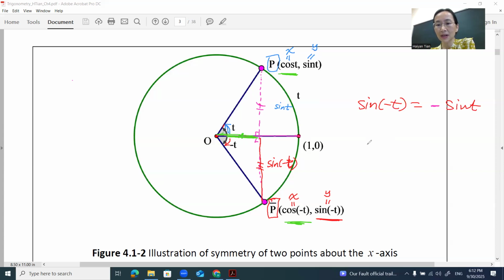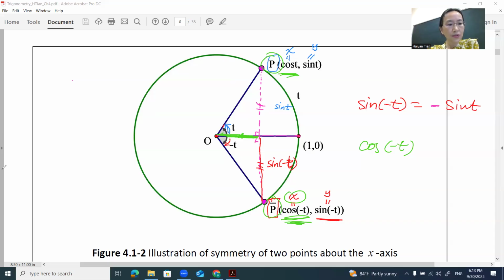So that means the cosine negative t, which is that x coordinate, this green is both cosine negative t and also cosine positive t. That's the x coordinate of the point P and P bar.